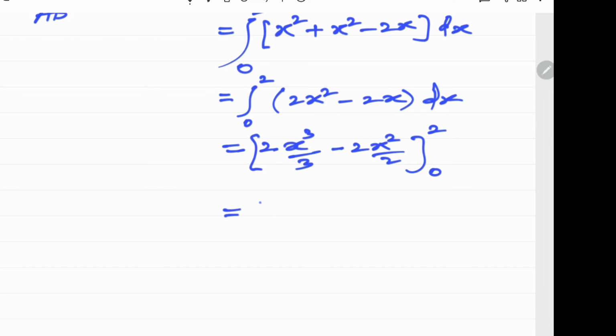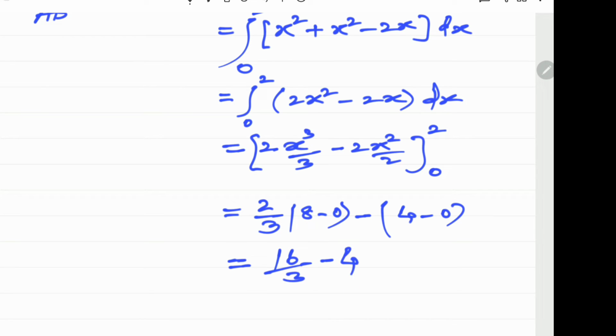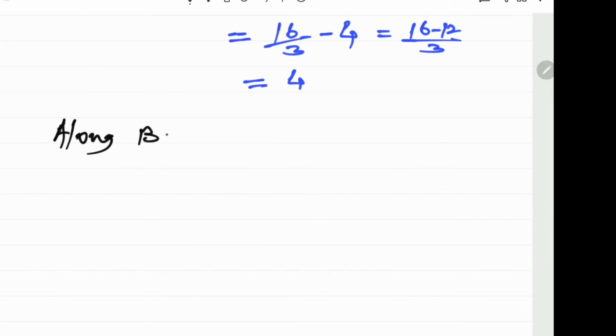Upper limit cube, 2 cube, is 8 minus 0, minus x square, 2 square is 4 minus 0, and therefore 16 by 3 minus 4. Finding the LCM, we get (16 minus 12) by 3, which is 4 by 3. Therefore the value of the first line integral is 4 by 3. Then we perform along BC, with B coordinates (2, 0) and C (4, 2).